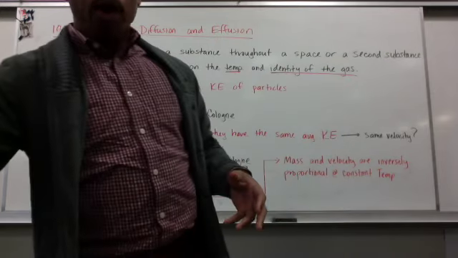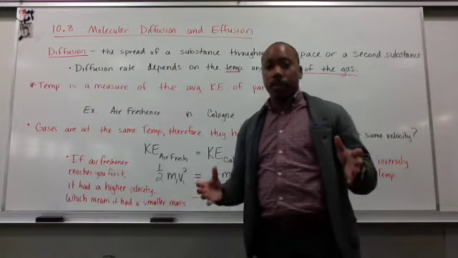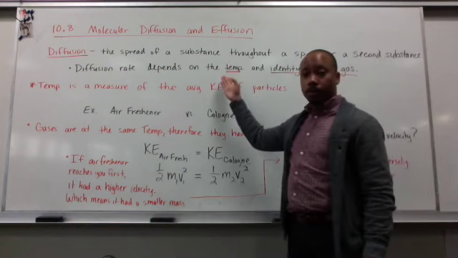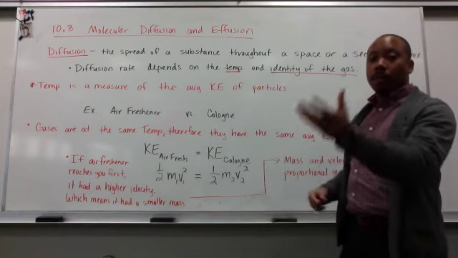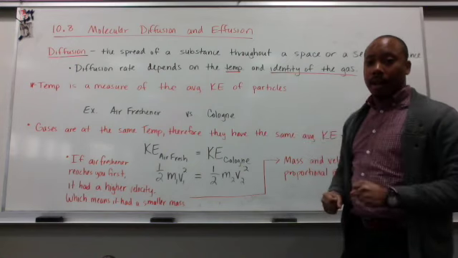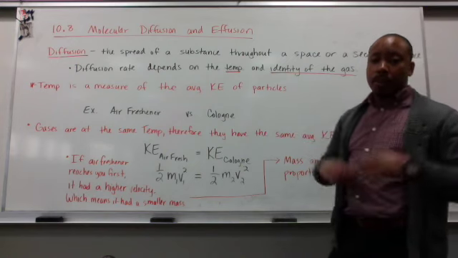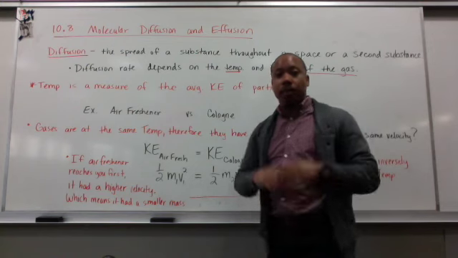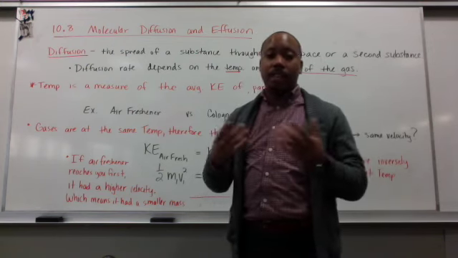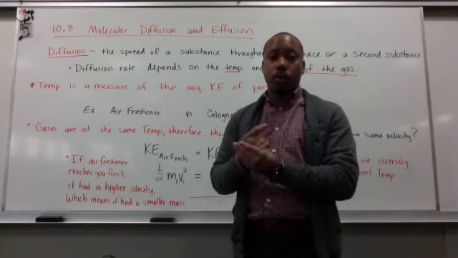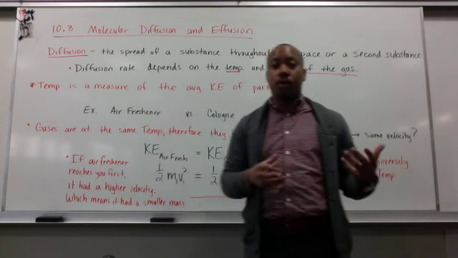Now, what does the diffusion rate depend on? It depends on the temperature of the room and the identity of the gas, the identity of the mixture of chemicals in that particular air freshener. You have to remember, temperature is a measurement of the average kinetic energy of particles. So the average kinetic energy of those air freshener particles is based on the temperature of the room.